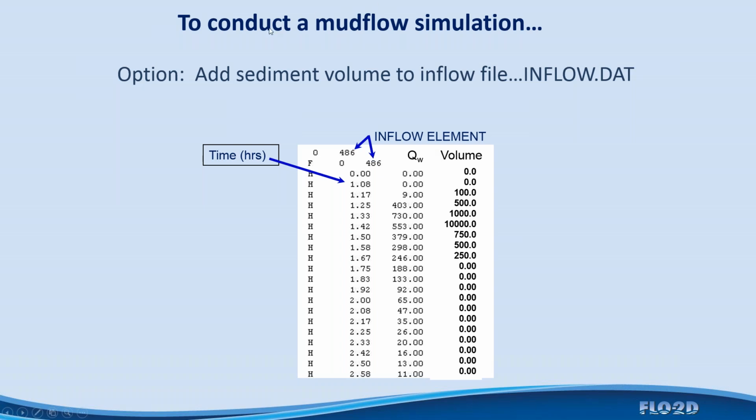So there's one more way to add this sediment volume to your inflow hydrograph. And that is, instead of adding the concentrations here, if you had an actual landslide event occur and you wanted to dump this in with a hydrograph of water, you can do it in terms of the actual volume, cubic meters or cubic feet, whatever you wanted here.